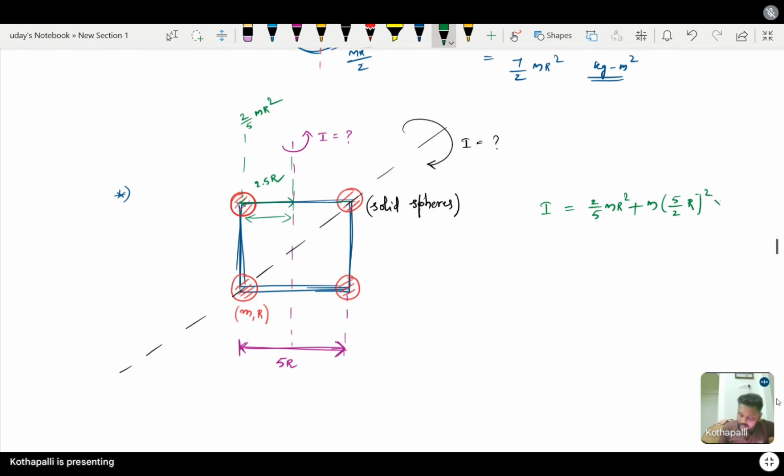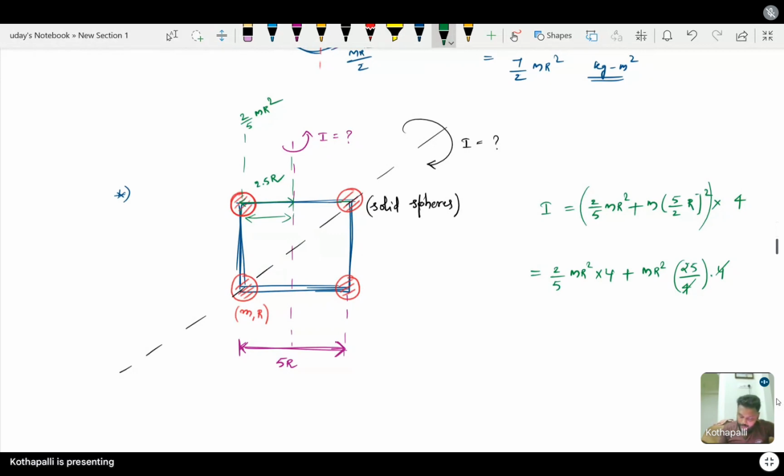Like this, how many spheres are there? 4 spheres. So 2 by 5 mr square into 4 plus mr square into 25 by 4 into 4. So this 4 will get cancelled.